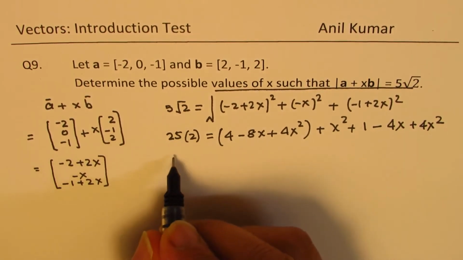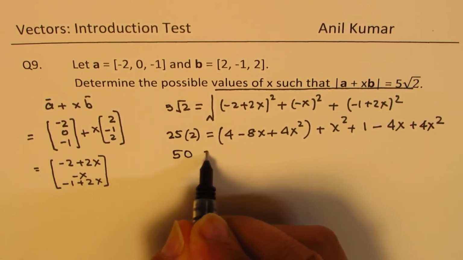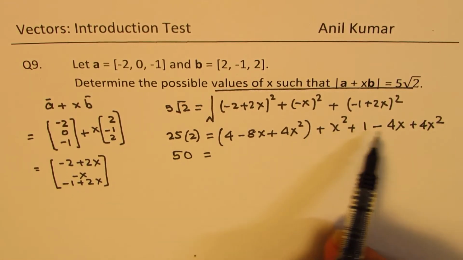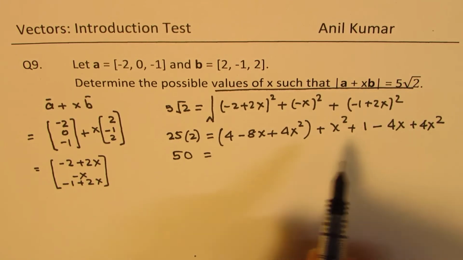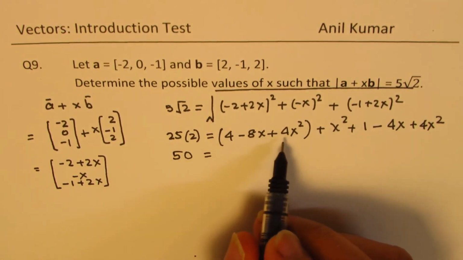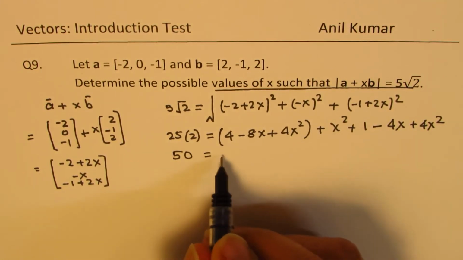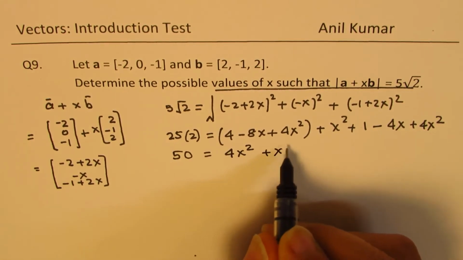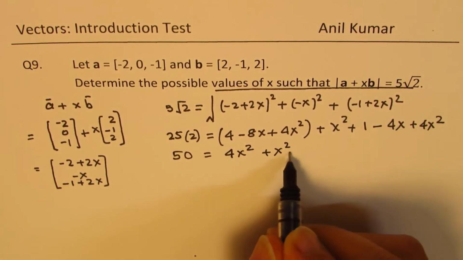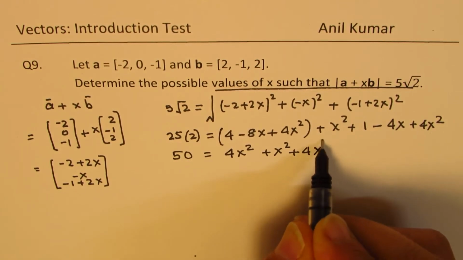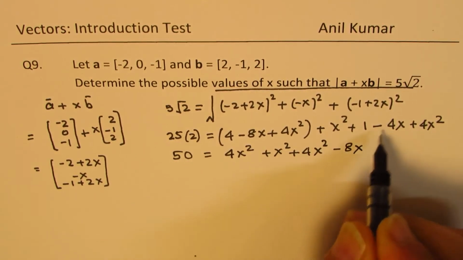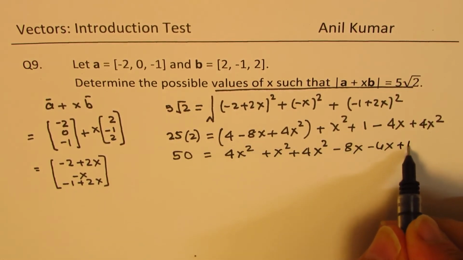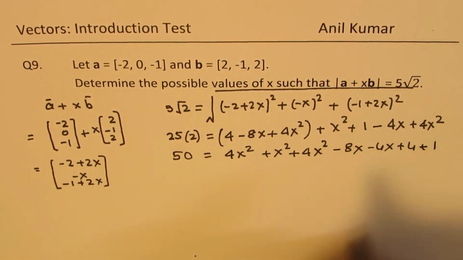Now we can simplify. We have 50 equals. Adding the like terms, let's rewrite: 4x squared plus x squared plus 4x squared, then we have minus 8x minus 4x, and the constants we have 4 and 1.